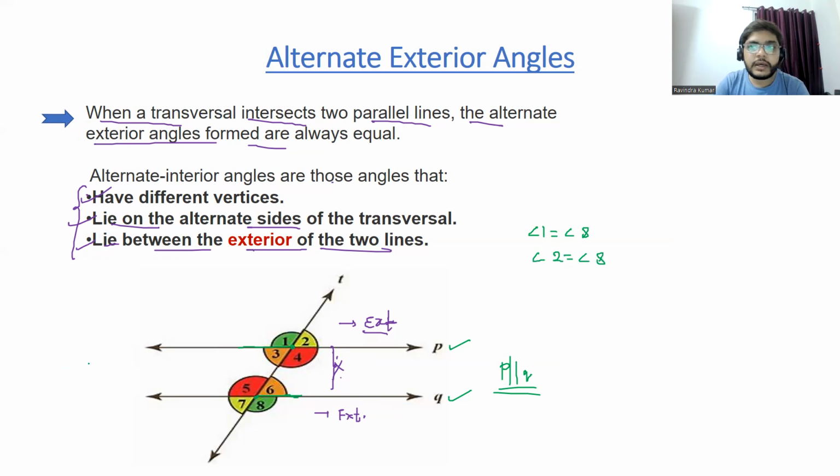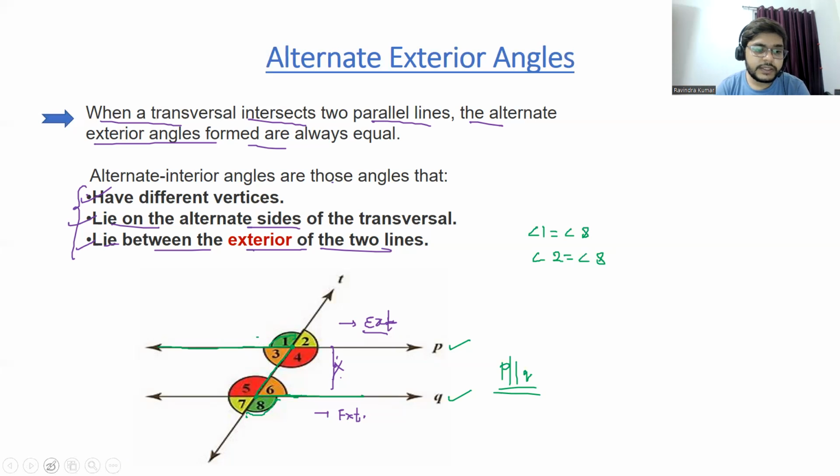Okay, so we try to find out by forming the capital letter Z. Shall it be applicable here? Let's find it out. When we try to form the Z, it will be on the exterior side. So it will be 1 and here it is 8. So 1 is equal to 8. Fine.